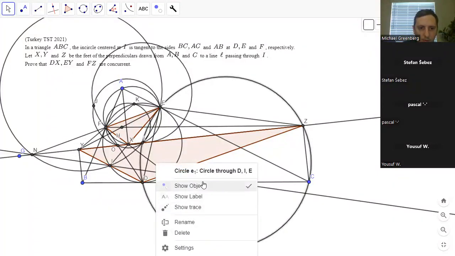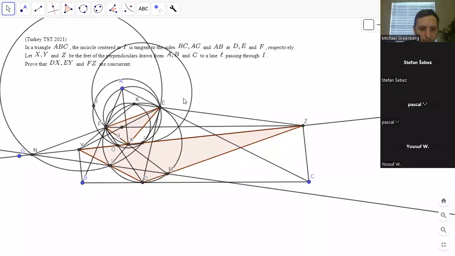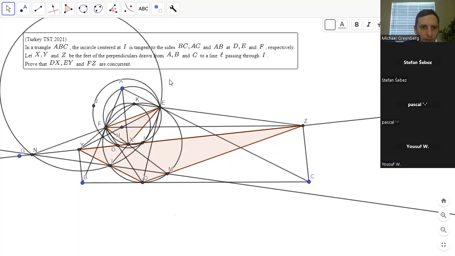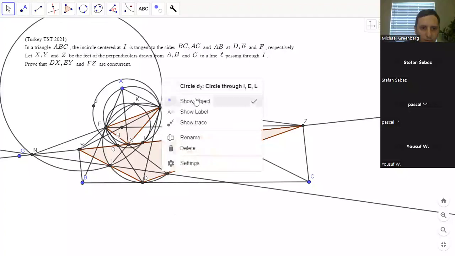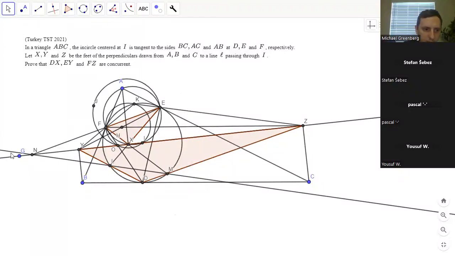So do we even need, yeah, maybe the solution is much simpler. Maybe you just have to use Desargues, and we don't need inversion. Yeah, I don't know. Let's see.